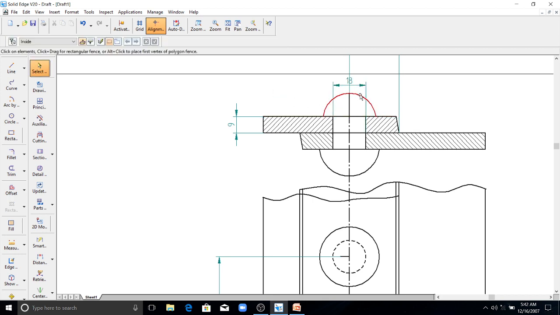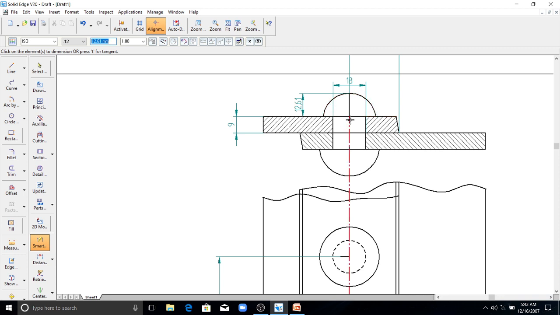The height of the rivet head is 0.7D, that is 12.6 mm. This distance is 12.6 mm from here to here.